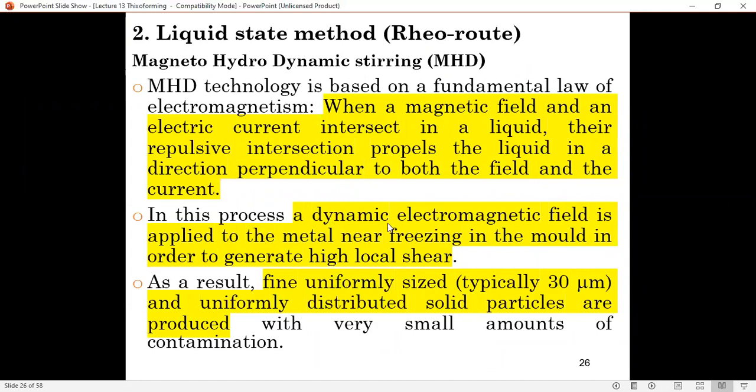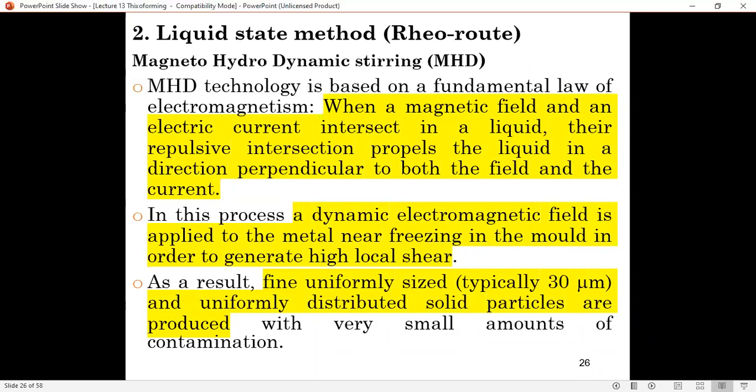In this process, the dynamic electromagnetic field is applied to the metal near freezing. So in this particular case, at the liquid state, as it's cooled down, you apply this. When this is applied to the material, it stirs the molten metal, and it will generate a high local shear. So there will be shearing happening inside the material itself. Because of the shearing, the dendritic structure will not be able to form.